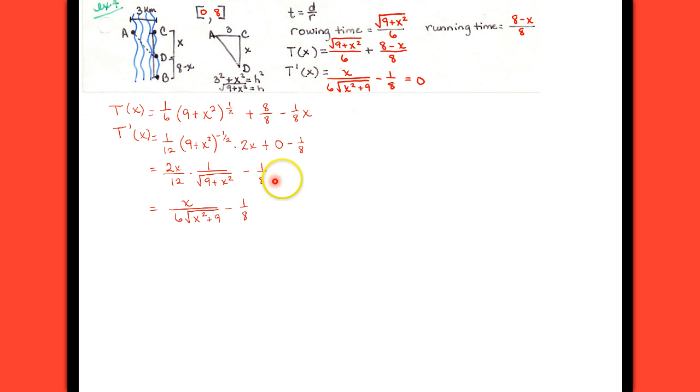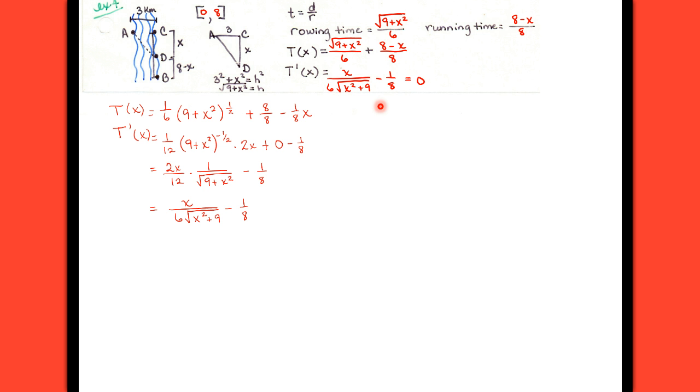And then we've still got our minus 1/8 over here. 2/12 would simplify down to just 1/6 x, and I could combine these two pieces. So I think that's probably about as simplified as I could get that derivative. And so that's the derivative that you see up here that we're going to use to find maximums and minimums.